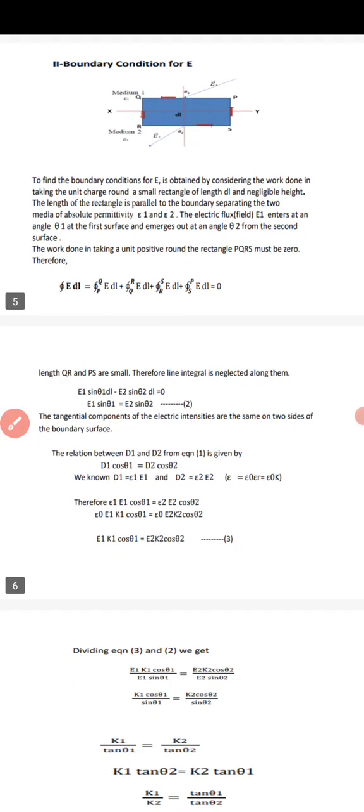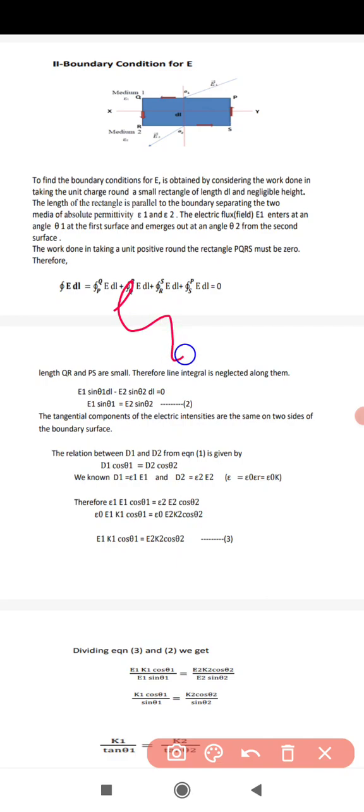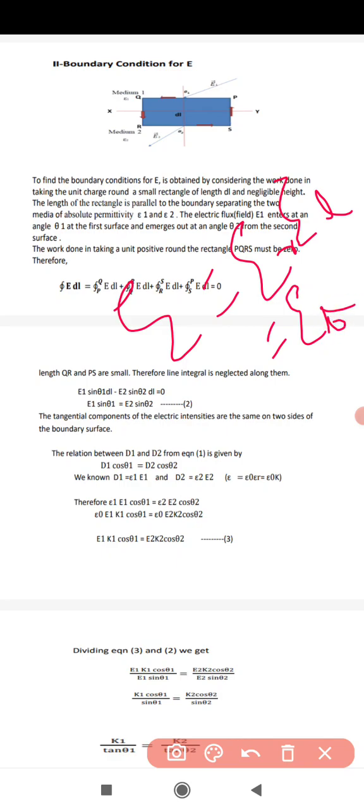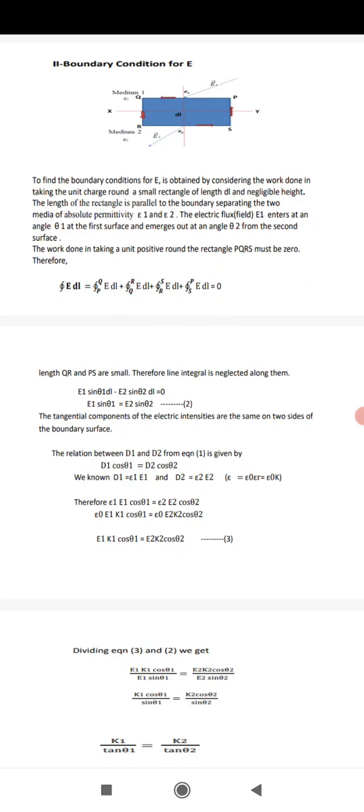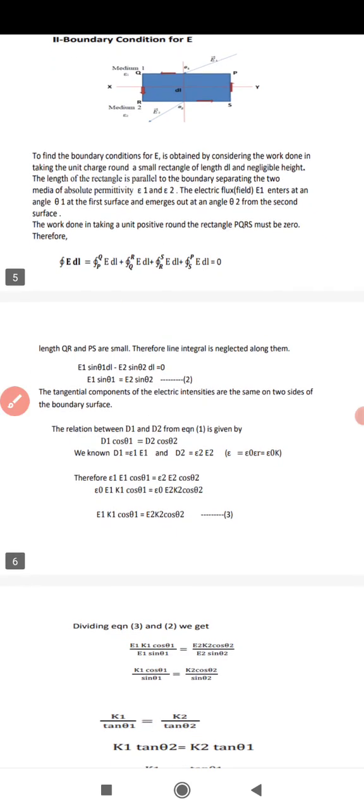Epsilon is equal to epsilon naught times epsilon r, where epsilon r is K, the relative permittivity or dielectric constant.